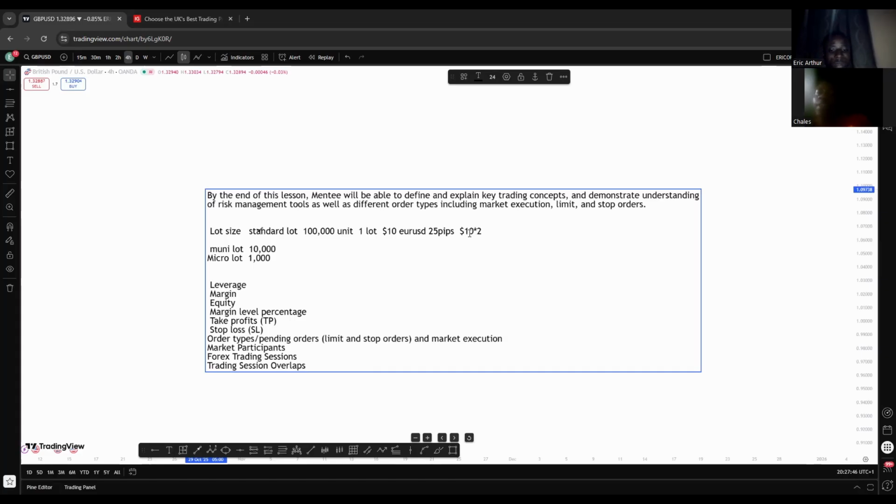Then we are getting $250. You get $250 because you are multiplying the value of the currency by the distance. You get it? Yeah. So that's how it works.